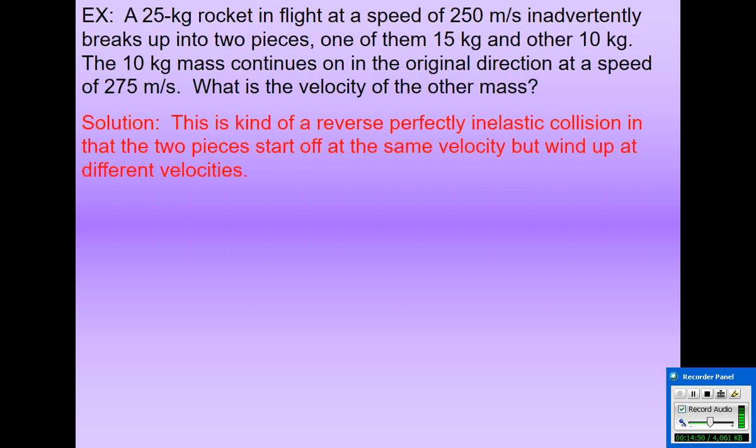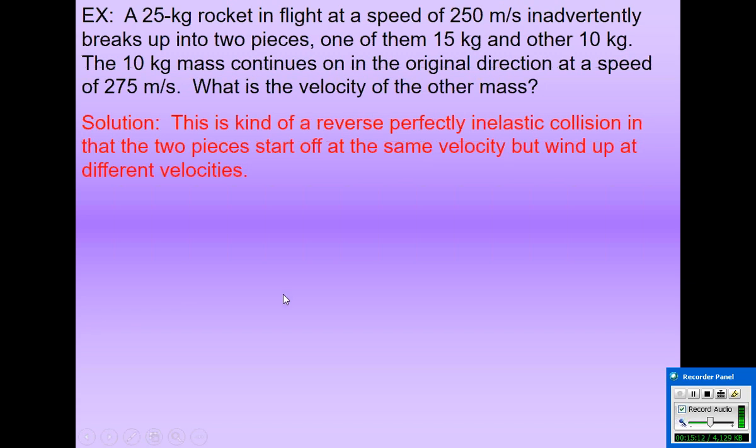The problem goes on to say the 10-kilogram mass continues on in the same direction at a speed of 275 meters per second. What is the velocity of the other mass? In other words, how fast is that 15 kilogram mass moving? So it is like a perfectly inelastic collision.